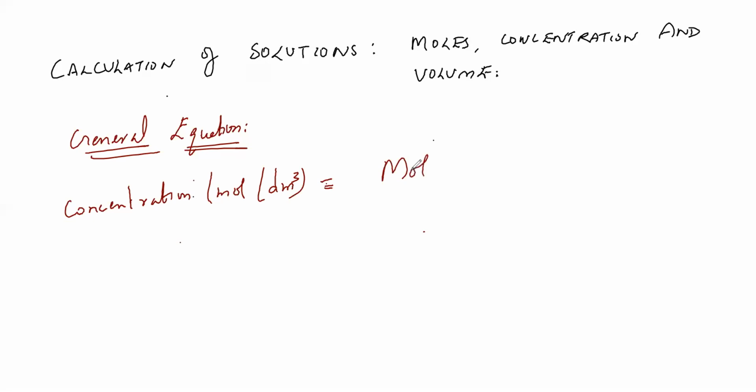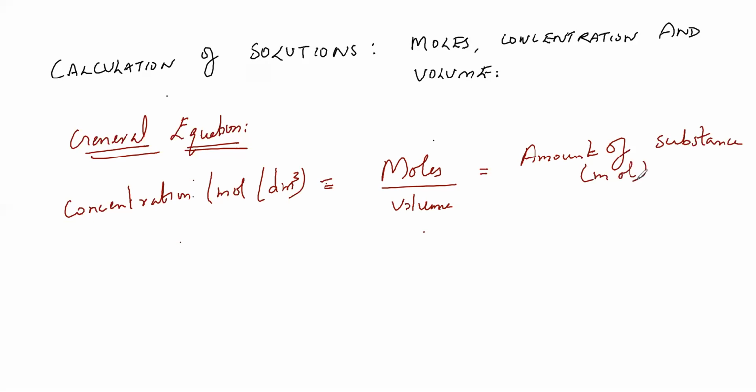Volume is always expressed in centimeter cube or decimeter cube, whatever it is. So how can I write it properly? Amount of substance, that is my mole, to the volume of the solution, that is my decimeter cube respectively. That's all.